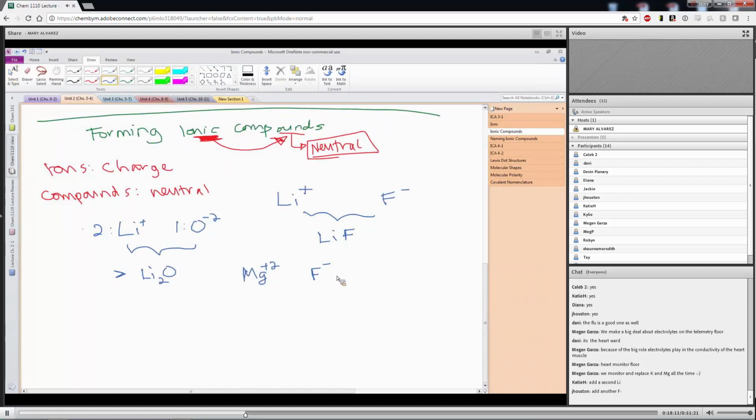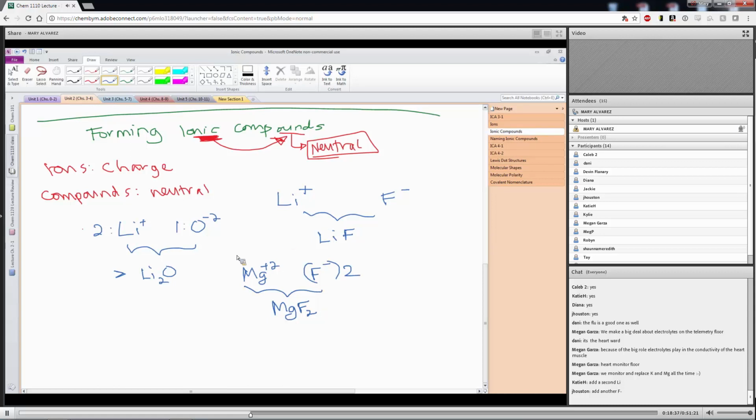I'd have to add 2 of these, right, in order to make that work, so that my 2 1- charges would balance out the +2 charge. So together, I'm going to have a formula of MgF2, and that is a valid formula for a neutral ionic compound made from the magnesium and fluoride ions.